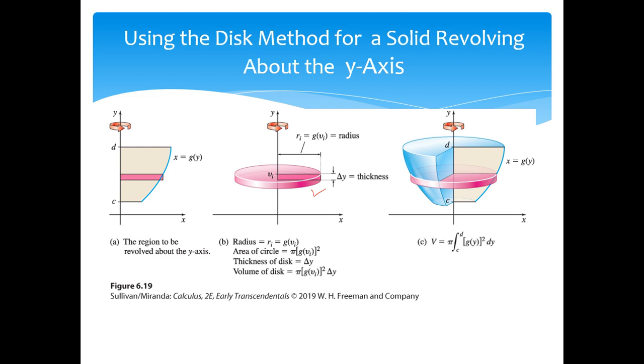We find the surface area of this disk, multiply it by the thickness, and then sum up the individual disks, and that approximates the whole volume of the solid of revolution.